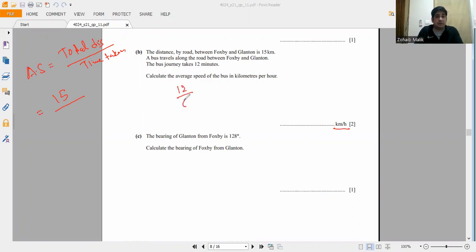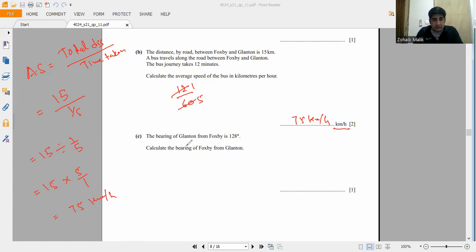So 12 divided by 60. 12 ones are 12 and 12 fives are 60. It means this has to divide by 1 over 5. It's very simple: 15 divided by 1 over 5. Then 15 times 5 over 1, which would be 75 kilometers per hour.